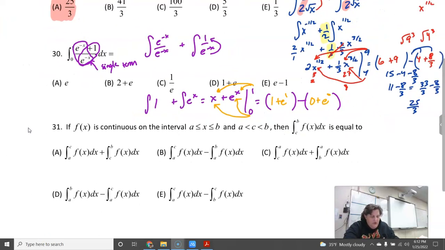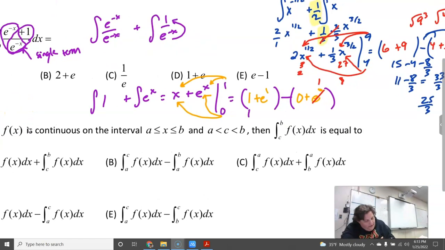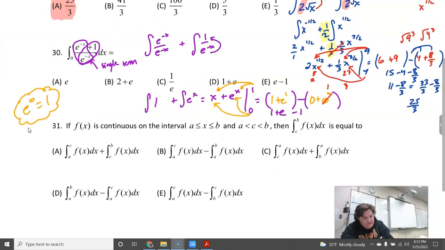The other thing that I need you guys to remember, e to the 0 is 1. So that turns into a 1. So here's what I got: 1 plus e minus 1. So 1 plus e minus 1 is just e. Very cool. There we go.